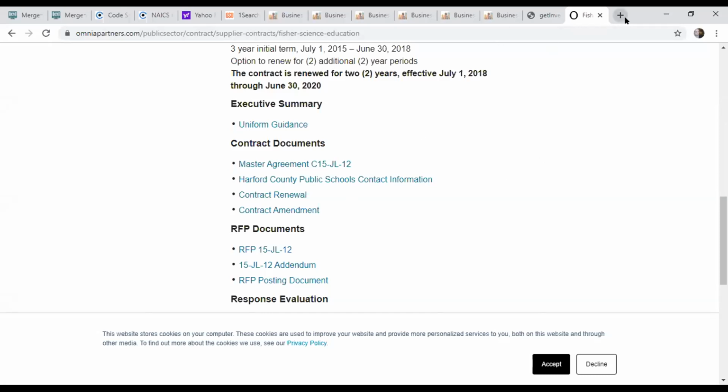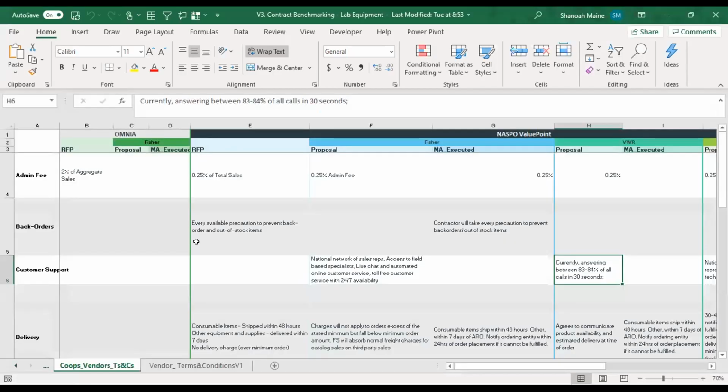Other things that I might look for are other states that are in the same kind of size that I am, other regional states, and that's just looking for individual state contracts. Again, you guys are better set up to find that information. So once I've done that, I'll actually just start to put together a little bit more of a quantitative approach to finding those contracts and looking specifically at maybe some terms and conditions.